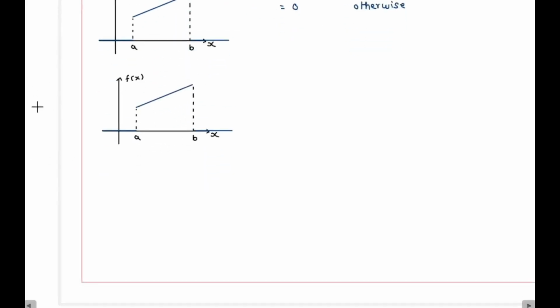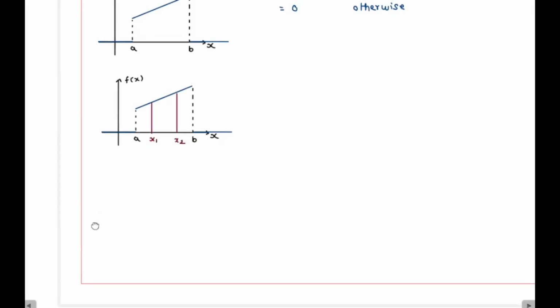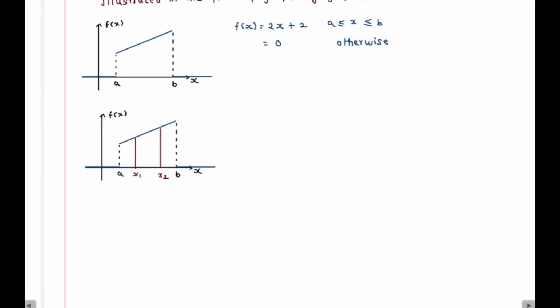I want to find the probability that x lies between x1 and x2. So I am taking two values, x1 and x2, and trying to find the probability that x lies between them. How will we find this?